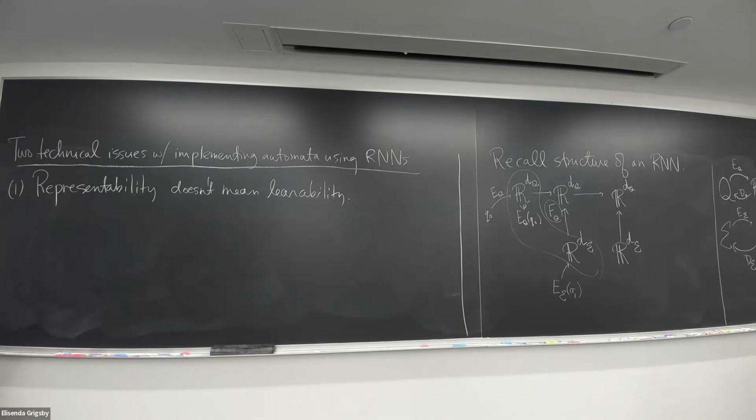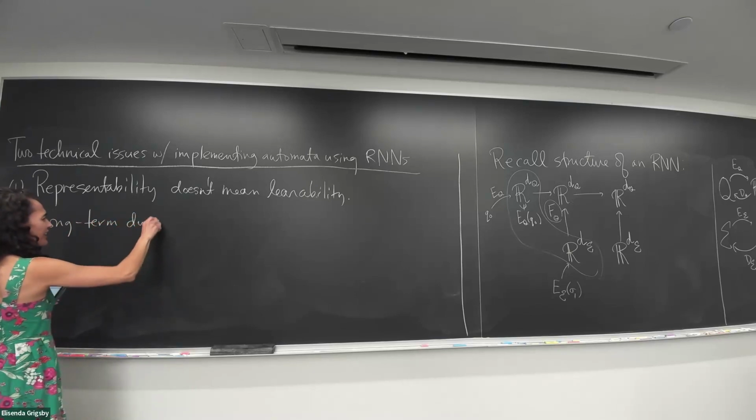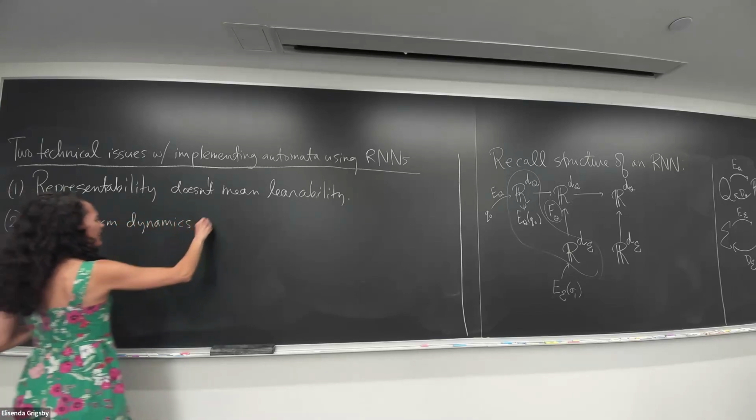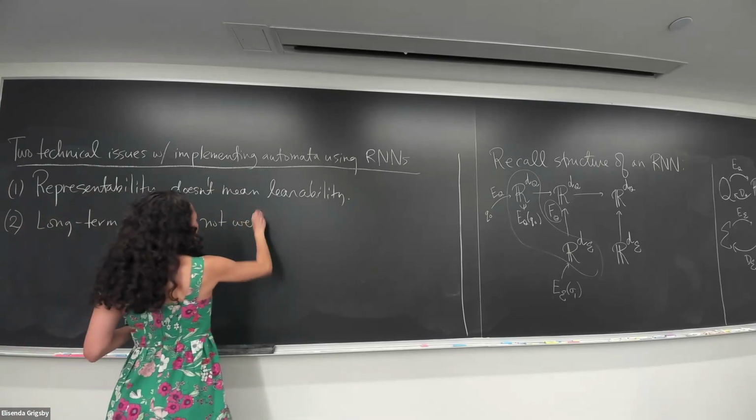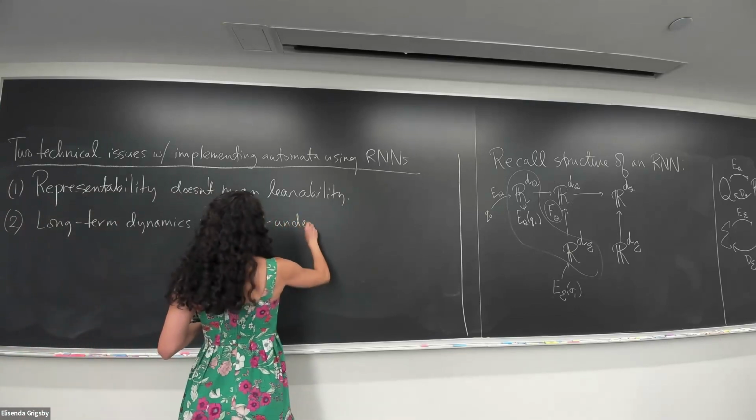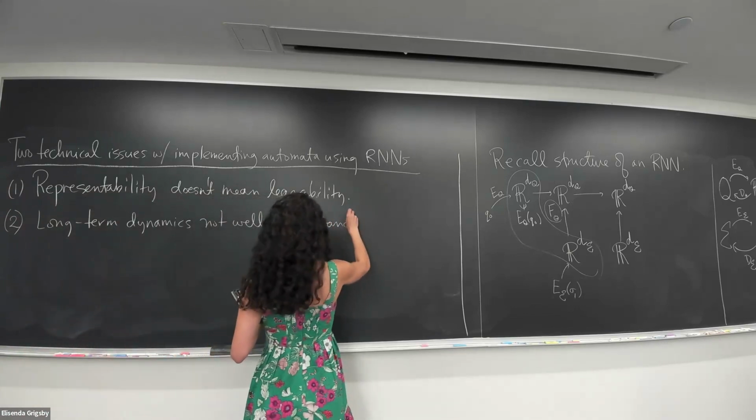This is a problem for somehow every architecture. And then the second issue, I'd say, is just the long-term dynamics. I don't actually think this is well understood. At least I don't know that it's been studied by people that do dynamics.